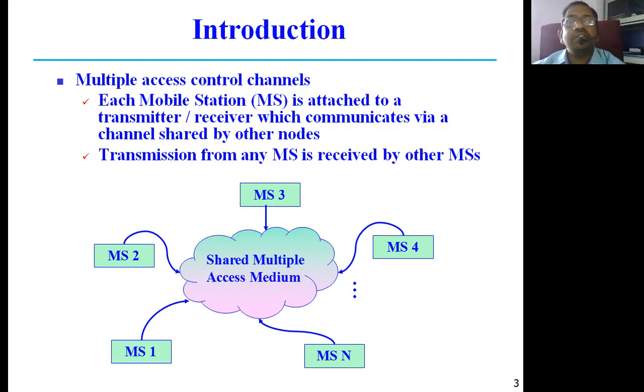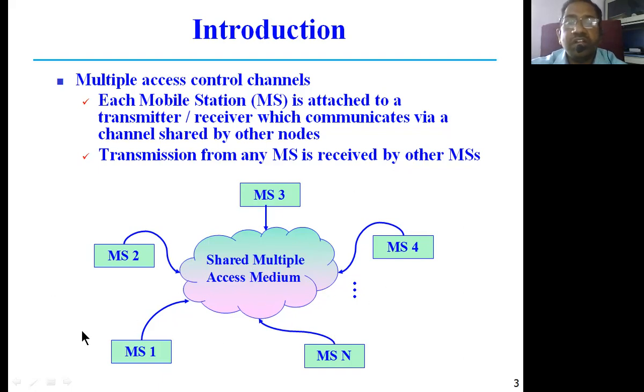Each mobile station is attached to a transmitter or a receiver which communicates via a channel shared by other nodes. So each mobile station, say mobile station 1, is attached to a transmitter or receiver. The receiver is going to be a base station, for example, which communicates via a common channel shared by other nodes.